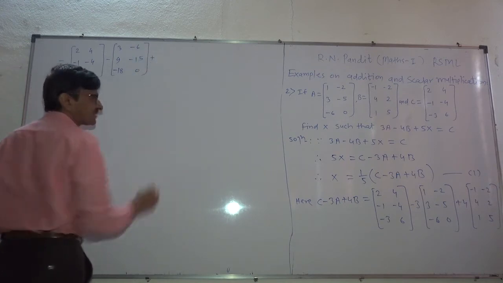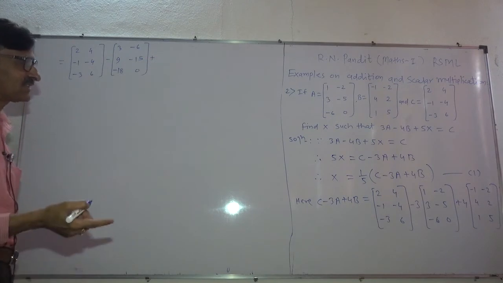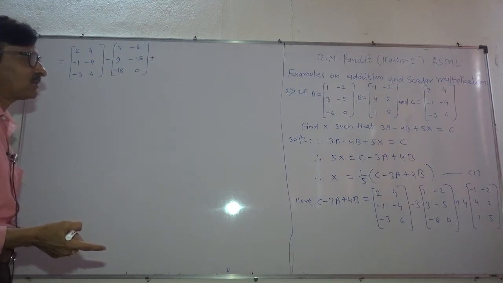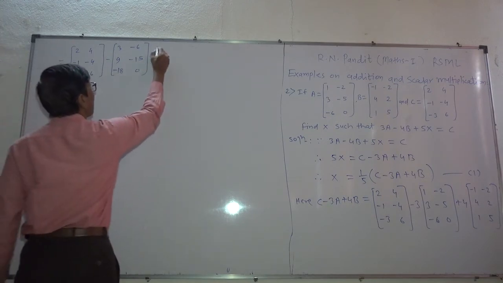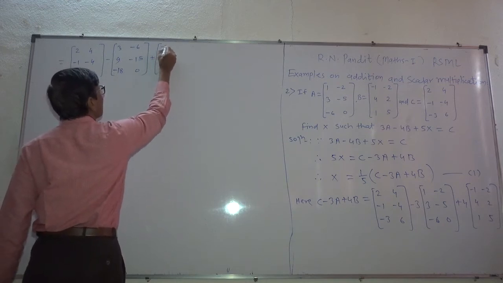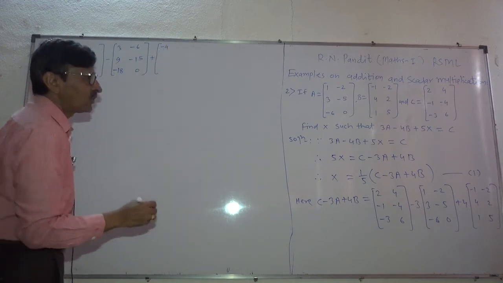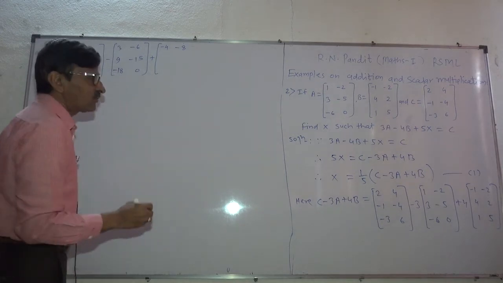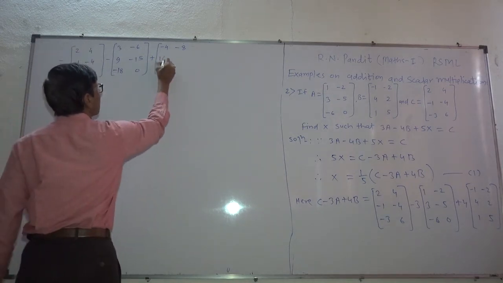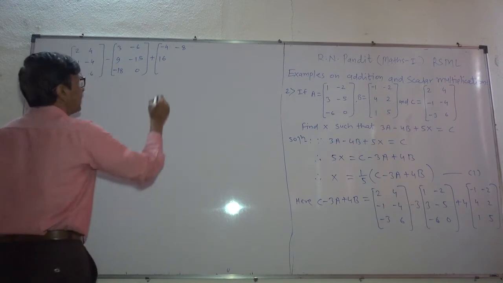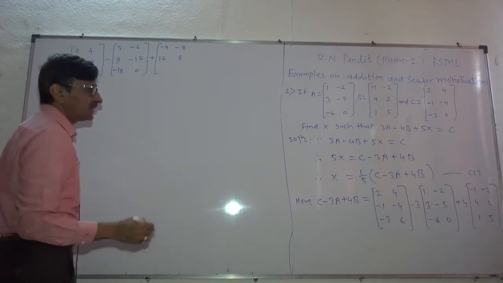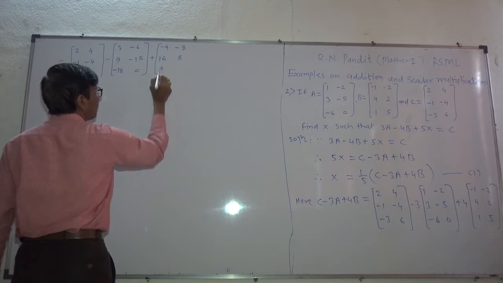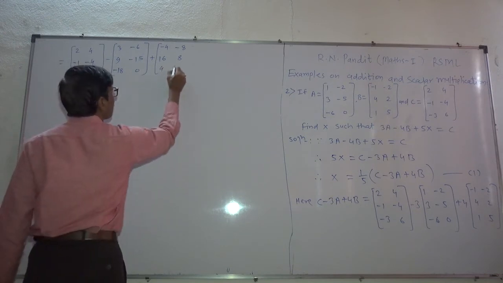Then plus 4 times the matrix, multiplying each element of the matrix by 4, so it becomes 4 into minus 1, minus 4, 4 2s are 8 with negative sign, that is minus 8, 4 4s are 16, 4 2s are 8, then 4 multiplied by 1 is 4, 4 5s are 20.